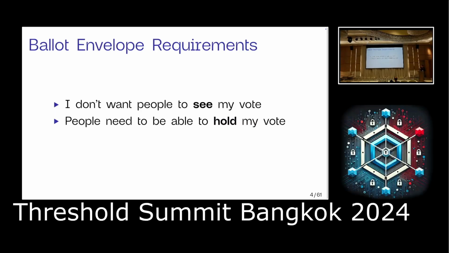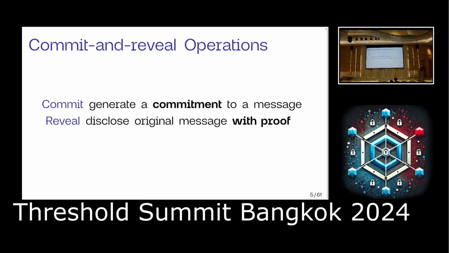We expect that it's not transparent, so people cannot see what's inside, but we also expect that when we open it later, we will find the same thing inside. So that means that if you do this cryptographically, you want to be able to commit to a value by putting it in the envelope. And later you want to be able to reveal the value that you put into the envelope, and you want proof that it was the correct value.